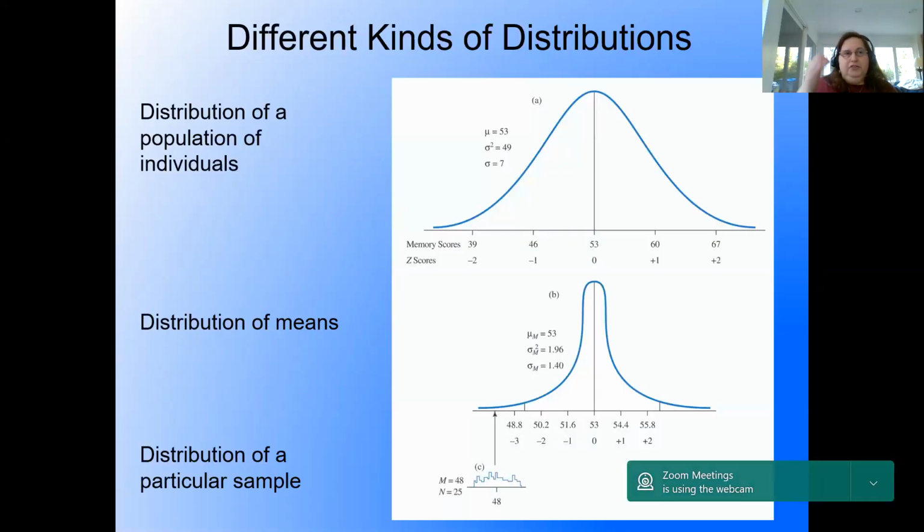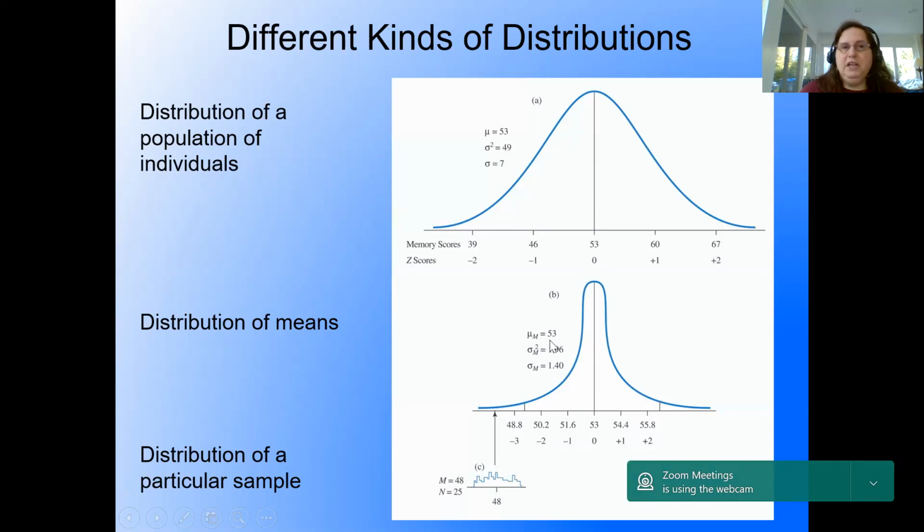Okay, so let's continue talking about the sampling distribution of means. Here on the top, we have a nice population distribution. Notice the sample mean is 53, the variance is 49, and the standard deviation is 7. Now let's look at this distribution of means.